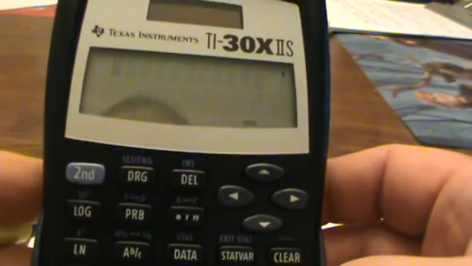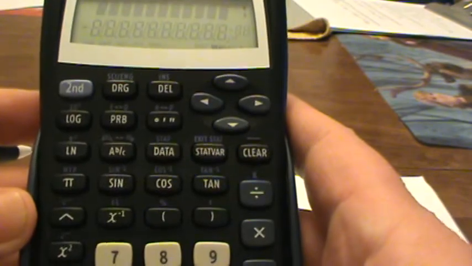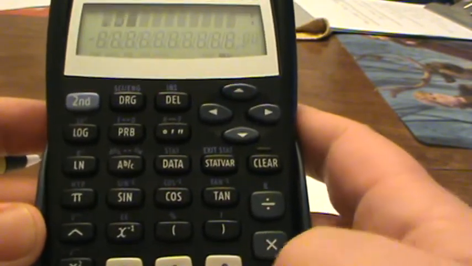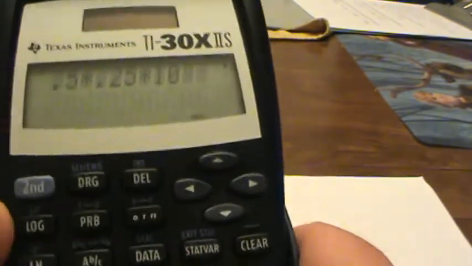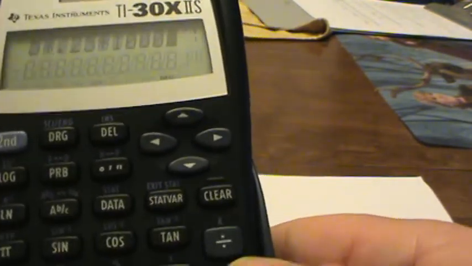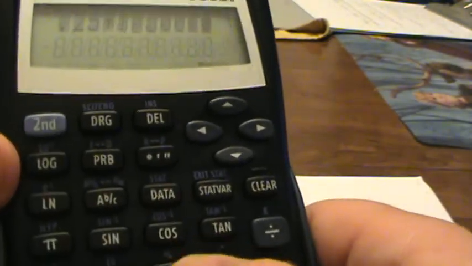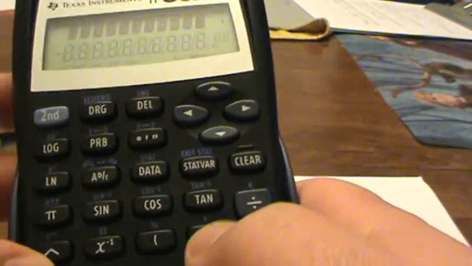So let's put this through the calculator. So 0.5 times 0.25 times 1,000 times 8.5 squared.